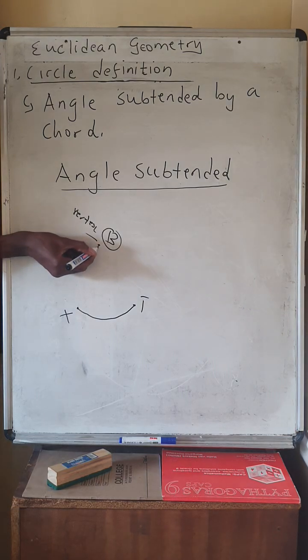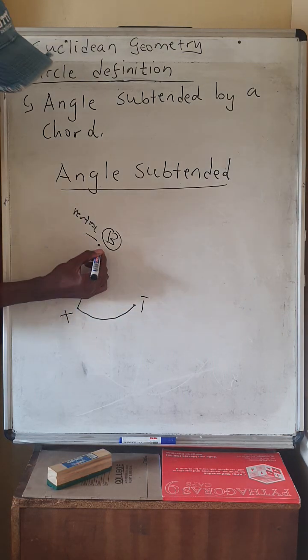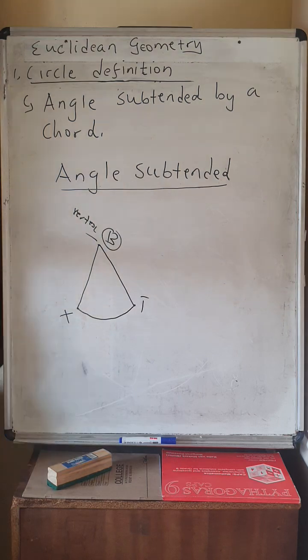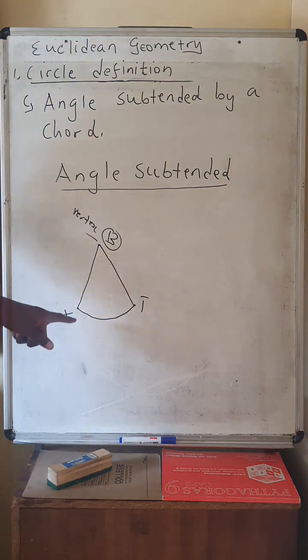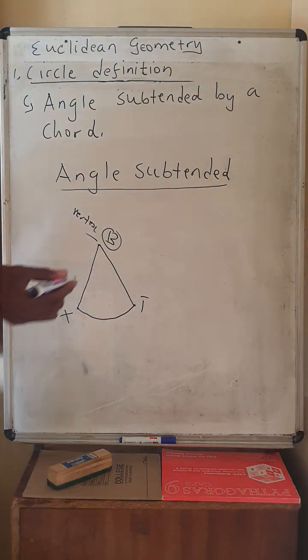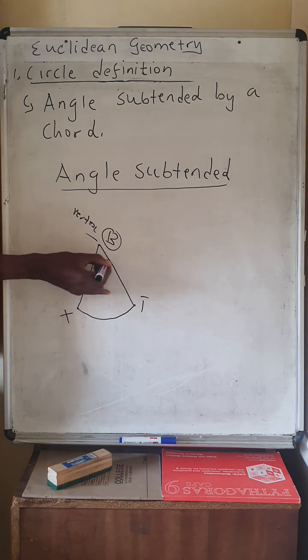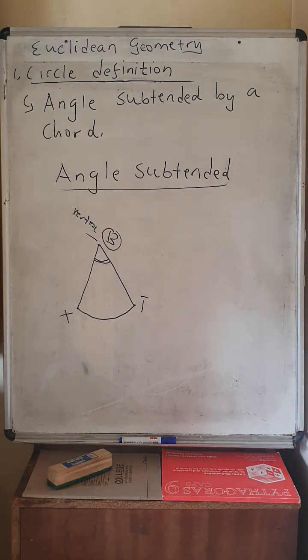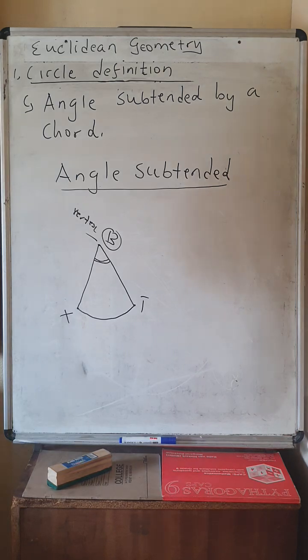Something like this. Exactly. So in this case we say arc XT subtends angle B.